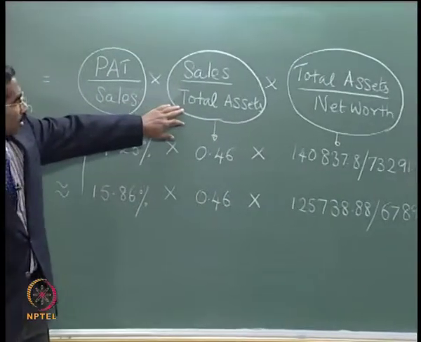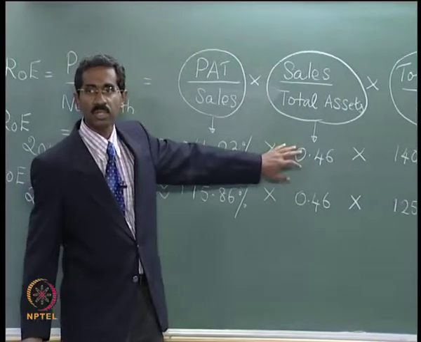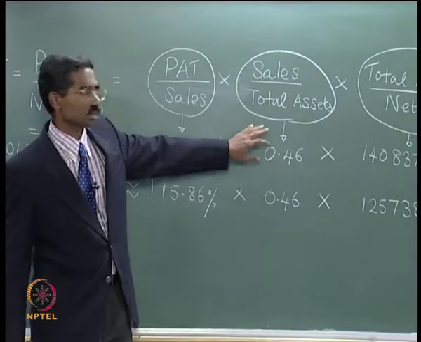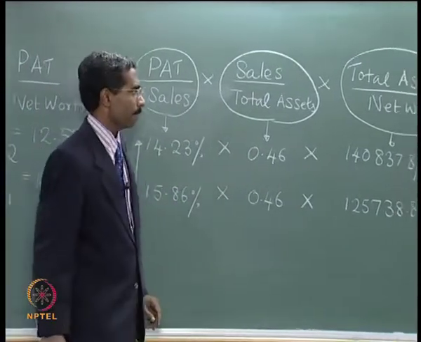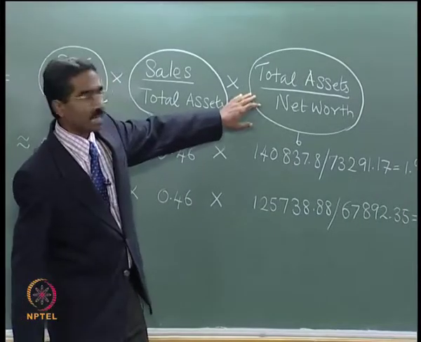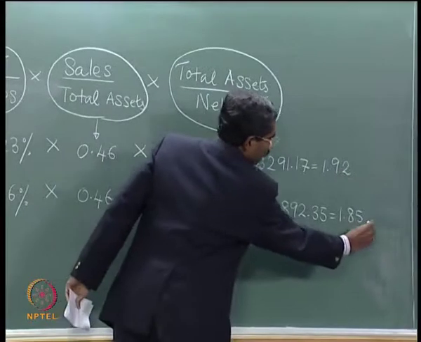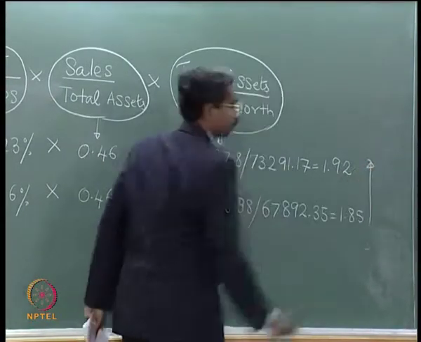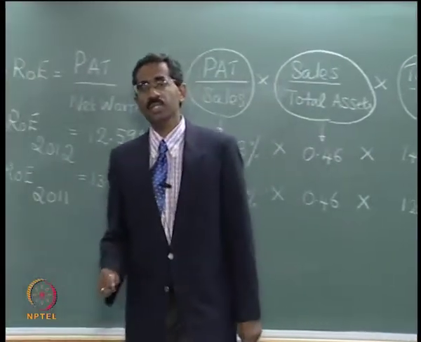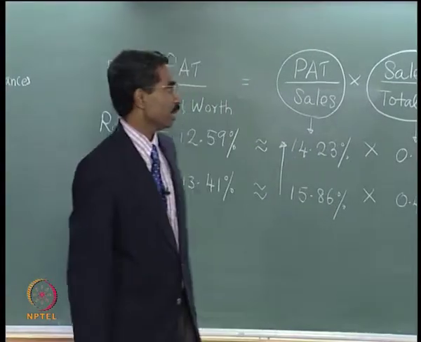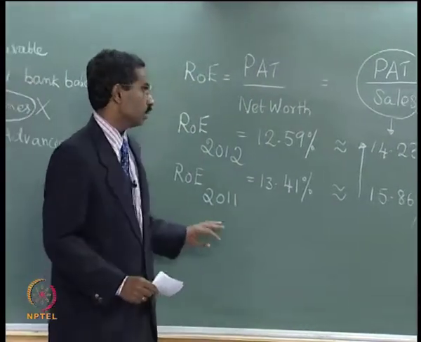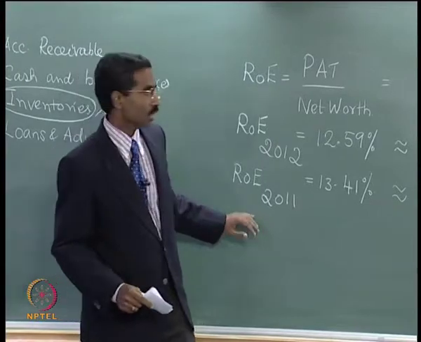There is no change in your total assets turnover, it remains 0.46 in both the years. If you look at total assets to net worth, you actually find it has increased in 2012. The leverage ratio has increased in 2012 as compared to 2011.